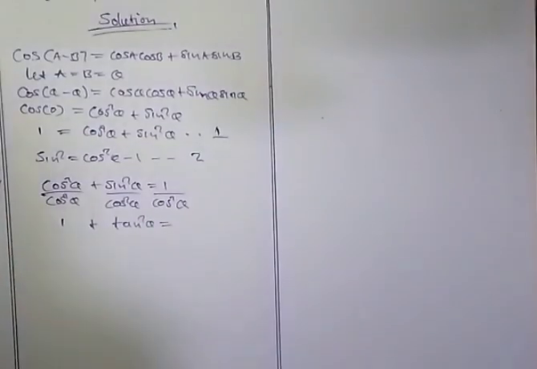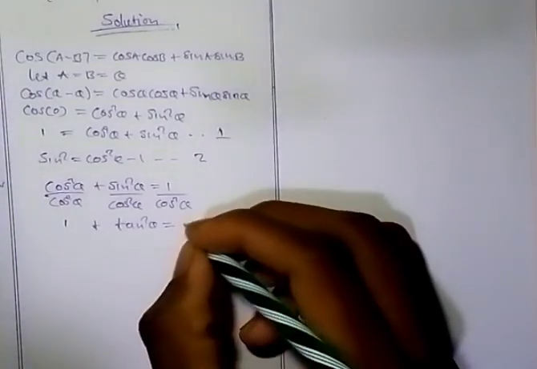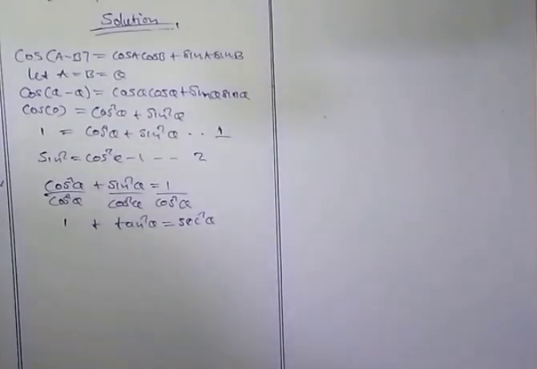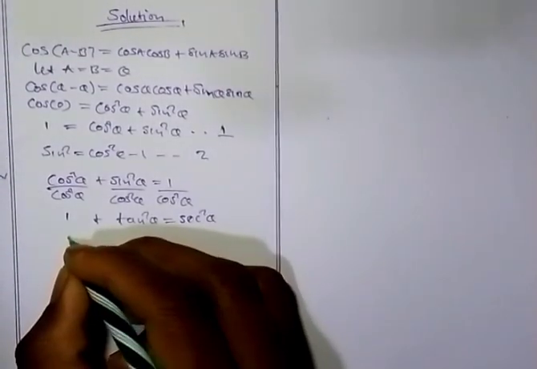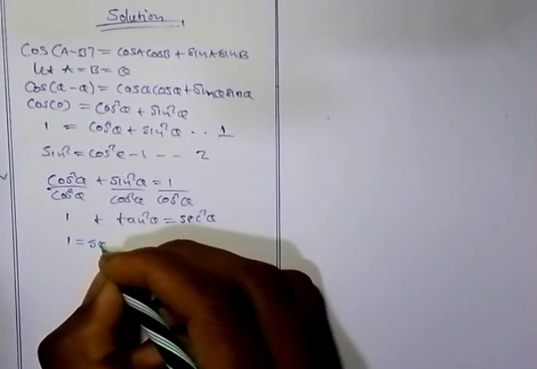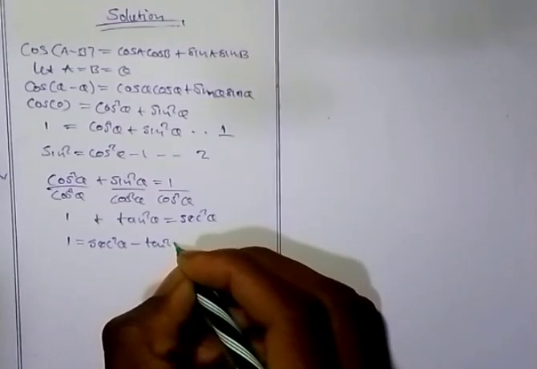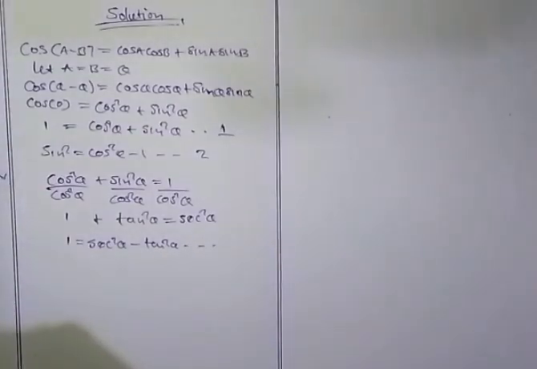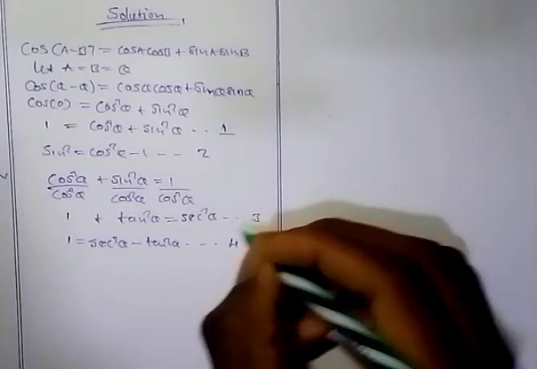This is equal to 1 over cos square theta, we're going to get sec square theta. And from here we can make 1 the subject. We're going to have 1 is equal to sec square theta minus tan square theta, and this will be our identity number 4, and this one will be our identity number 3.